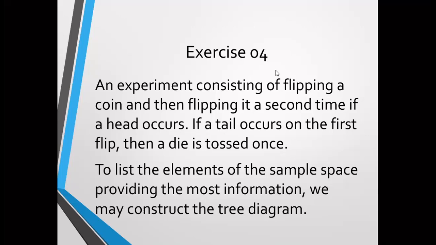But if he gets tail, or if a tail occurs, then he doesn't flip the coin. Instead of that, he tosses a die. Now, how are we going to construct the tree diagram for this situation?